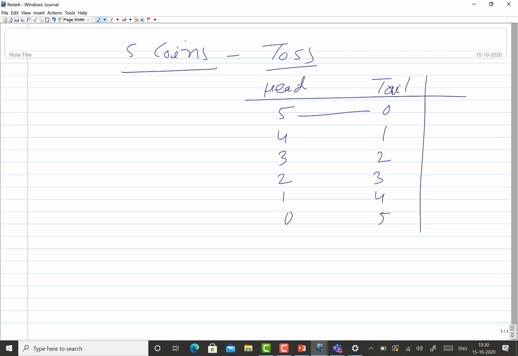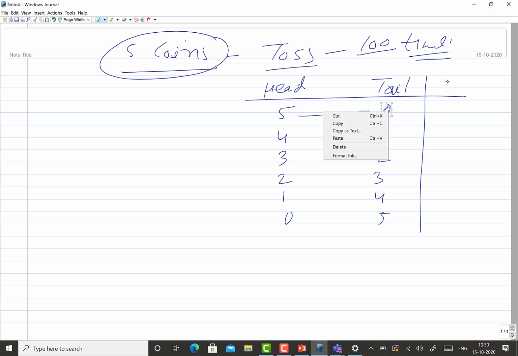How many times do we get these different combinations? Say the 5 coins are tossed 100 times, then the combinations come out like this. 5 heads and 0 tails are observed just 3 times.